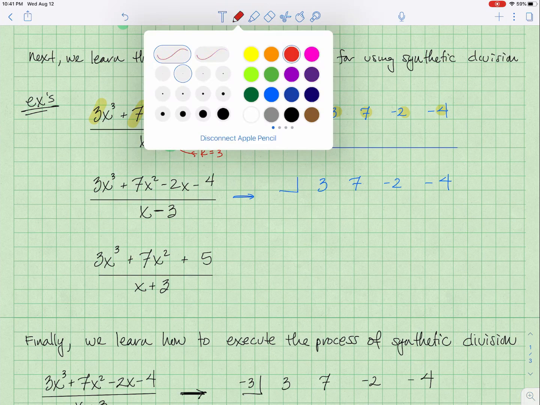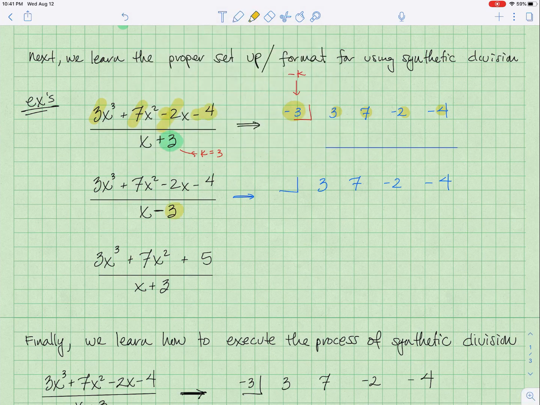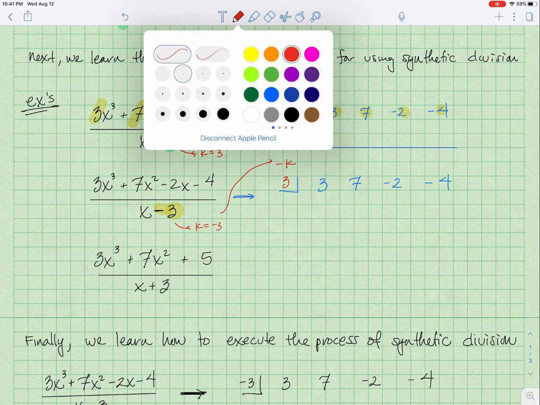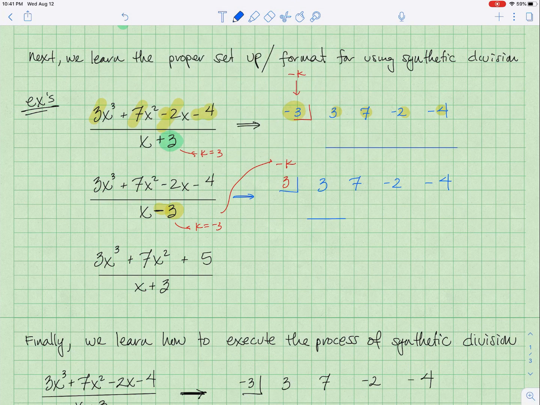But this time our k value is -3, and so when we put it into our crook, it's going to be the opposite of -3, which is +3. So watch out there. Whatever we're dividing by, we're using the opposite of the k value. And then we would have our horizontal bar one row down. That's just the setup. We're not executing it yet.